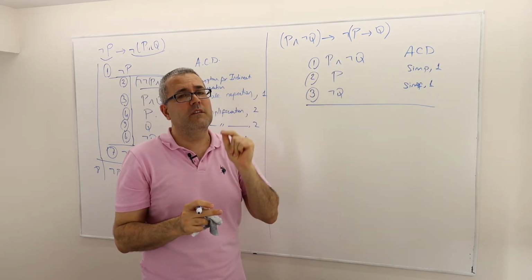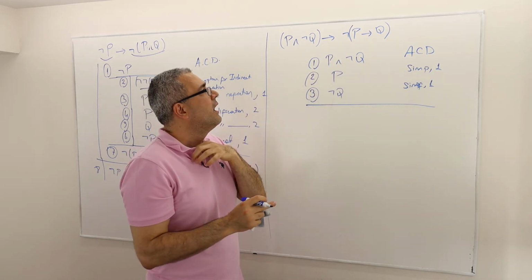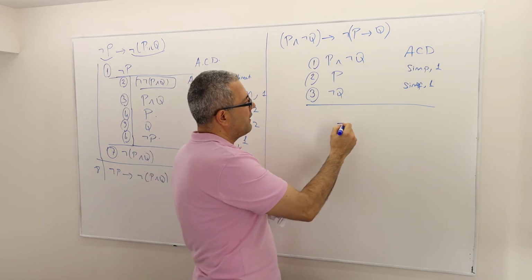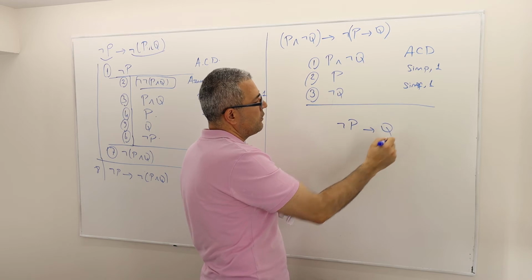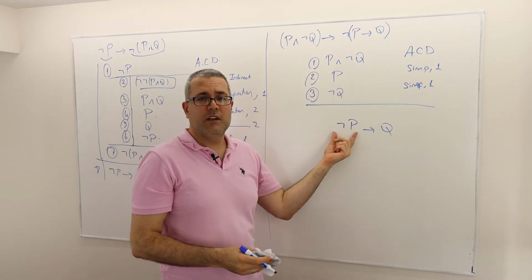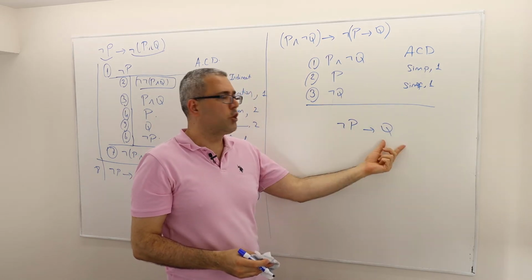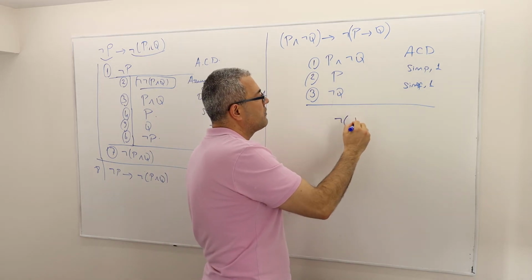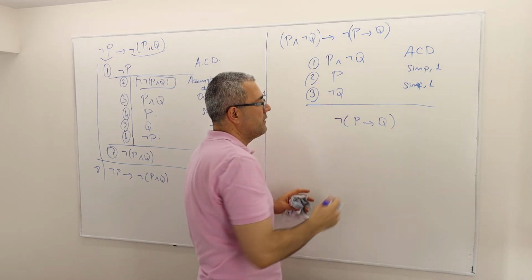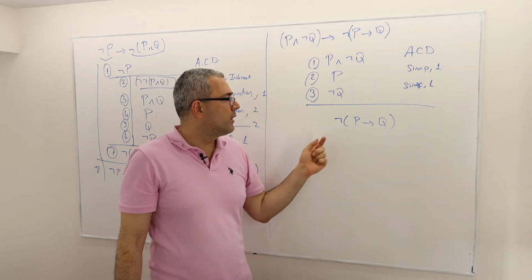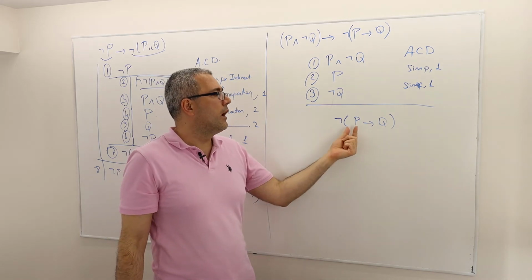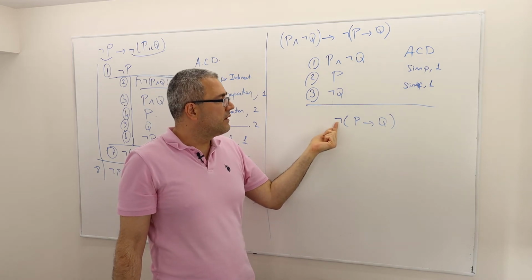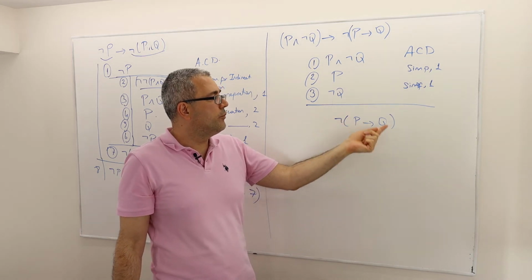All right, that's very, very important, guys. So when I have a statement like not P implies Q, I can start assuming not P and then show Q. But here, this negation is outside of the parentheses. So therefore, I cannot assume P, for example, because how is this not going to be distributed?